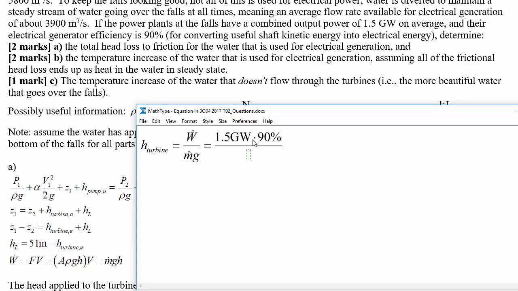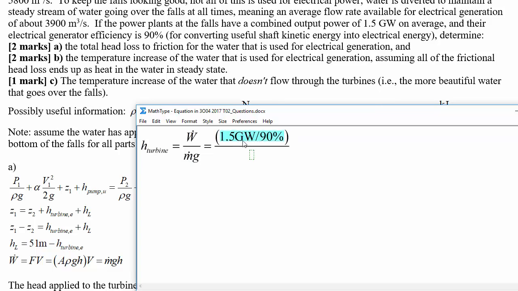We didn't get all of the, well, actually, hold on a sec here. We've got 90% efficiency for converting this mechanical work into electrical work. So rather, we can say that the actual work that we must have generated must have been this divided by 90%.